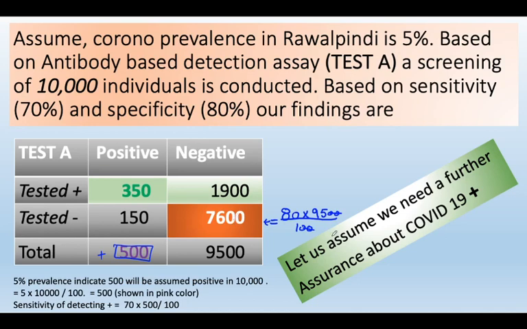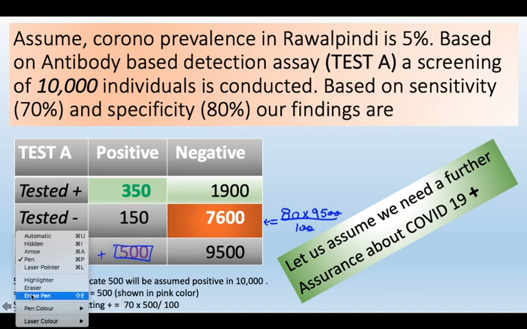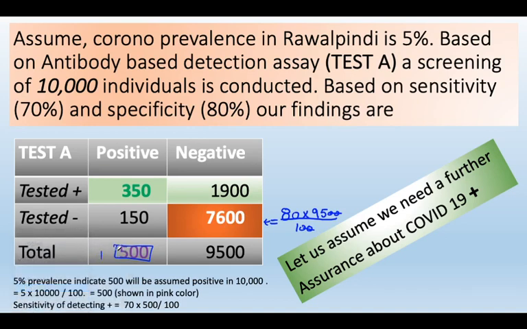Now, let's assume we need further assurance on whether the test we have used is actually identifying these individuals correctly or whether something else is going on. To identify this, we perform an additional assay, as we are talking about sequential testing.